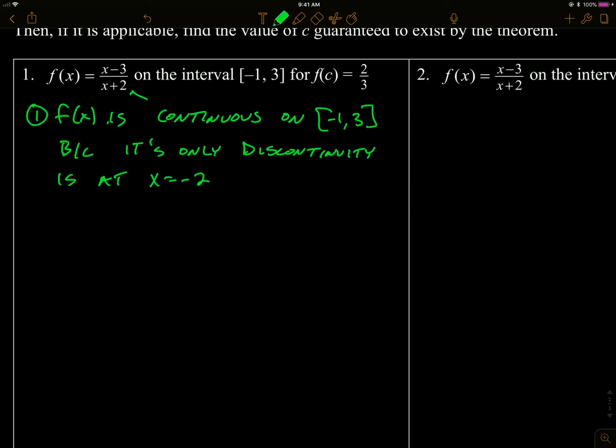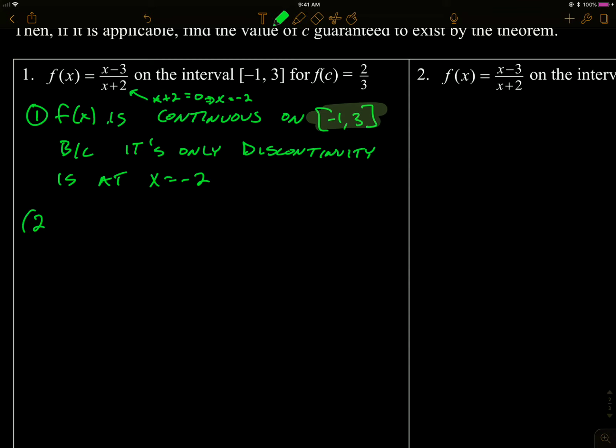Remember, discontinuities make the denominator 0. So x plus 2 equals 0, and if I solve that, I get x equals -2. So at -2 there's a discontinuity, and that's the only one. Thankfully, -2 is not on this interval, so it's continuous on our interval.